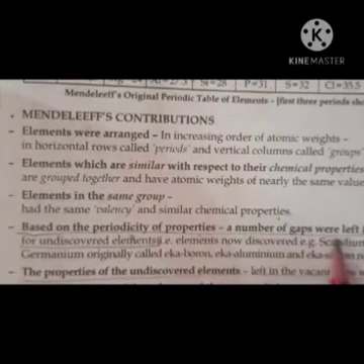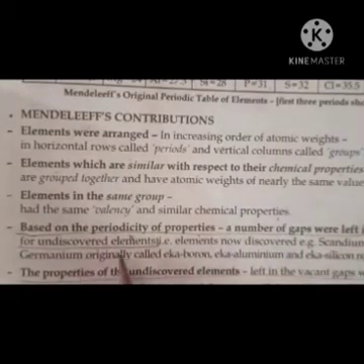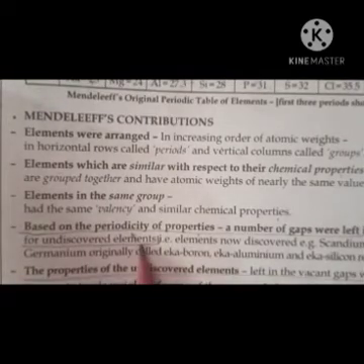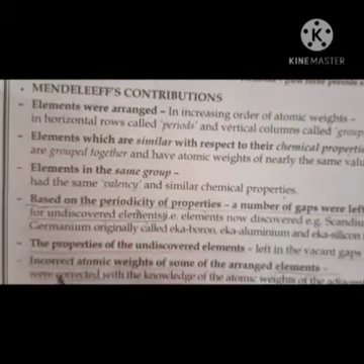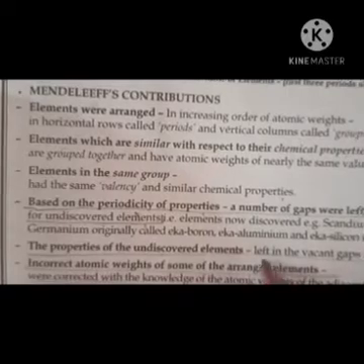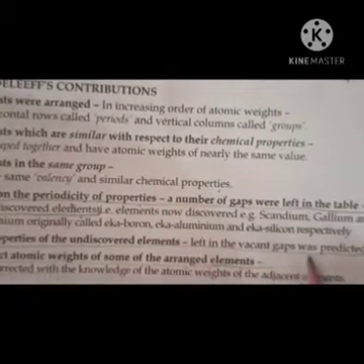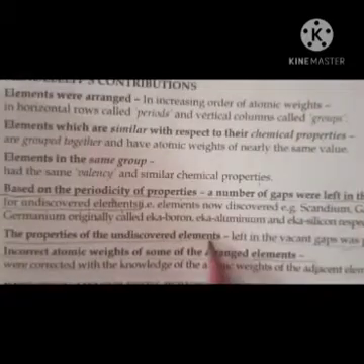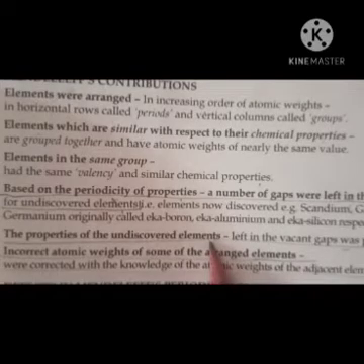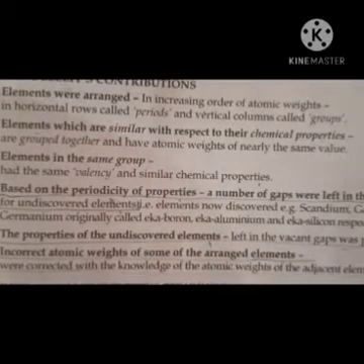A number of gaps were left in the table for undiscovered elements. And next, the properties of the undiscovered elements left in the vacant gaps were predicted. Prediction means he forecast their properties before they were discovered.